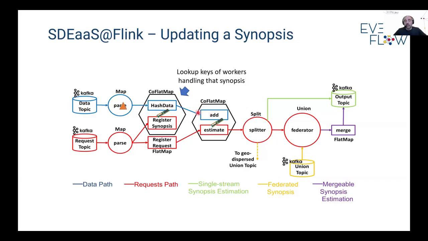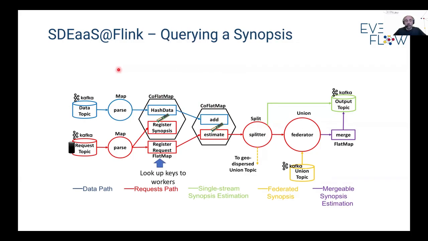Now, having maintained various synopses across a computer cluster this way, when a query arrives, it is parsed and visits the register request operator over here in order for the query to get directed to the workers that maintain a relevant synopsis.